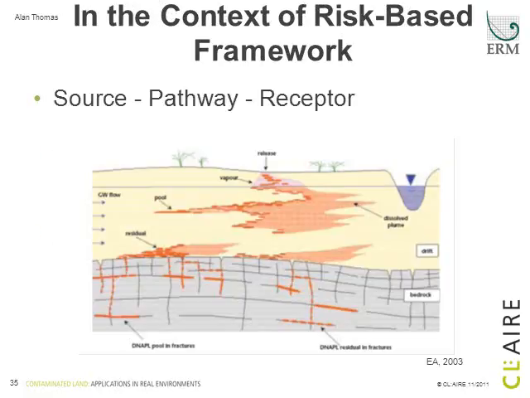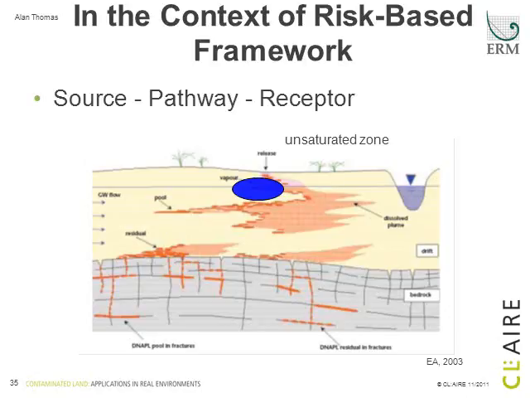And I think in the context of a risk-based framework, where we're typically managing source, pathway and receptor linkages, then bioremediation technologies are available at each part of that. We can look in the unsaturated zone through things like bioventing. We can look at source treatments. We can look at plume treatments, and we can look at biological barriers as well.